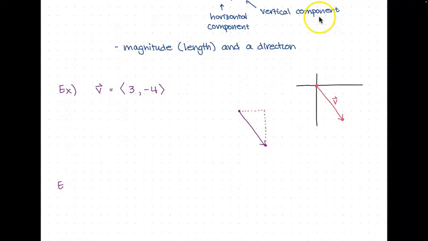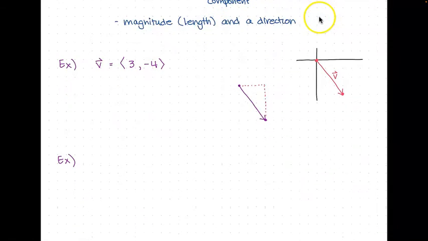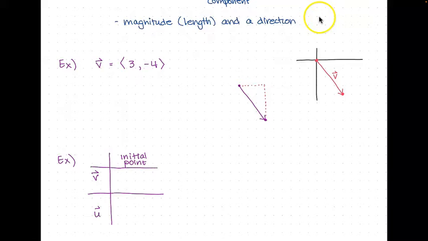Another example here. Let's say I'm going to make a little table here. Vector v has an initial point at, I don't know, how about 1, 5.